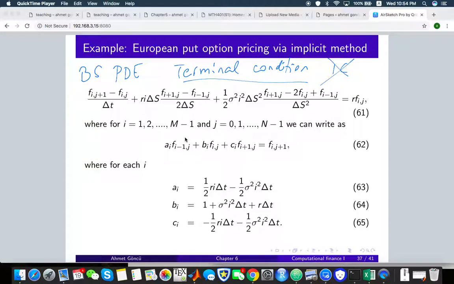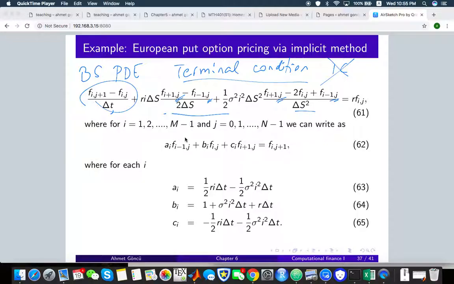You can notice that we have this time derivative here, and all the other terms are evaluated at time step j. So whenever you see this j here, and this is j plus 1, this means this is the implicit method. But if instead of these j terms we had j plus 1 terms for the space derivatives, that would be the explicit method.